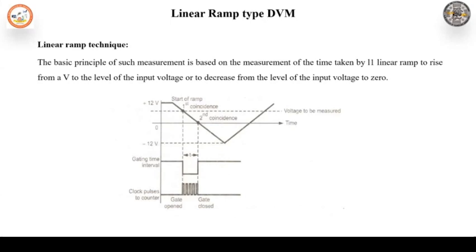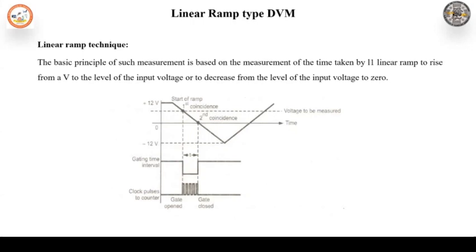The conversion from a voltage to a time interval I have shown in the diagram. You are looking at the waveforms that at the start of the measurement, a ramp voltage is initiated, which is continuously compared with the input voltage. When these two voltages are same, the comparator generates a pulse which opens a gate. That is, the input comparator generates a start pulse.